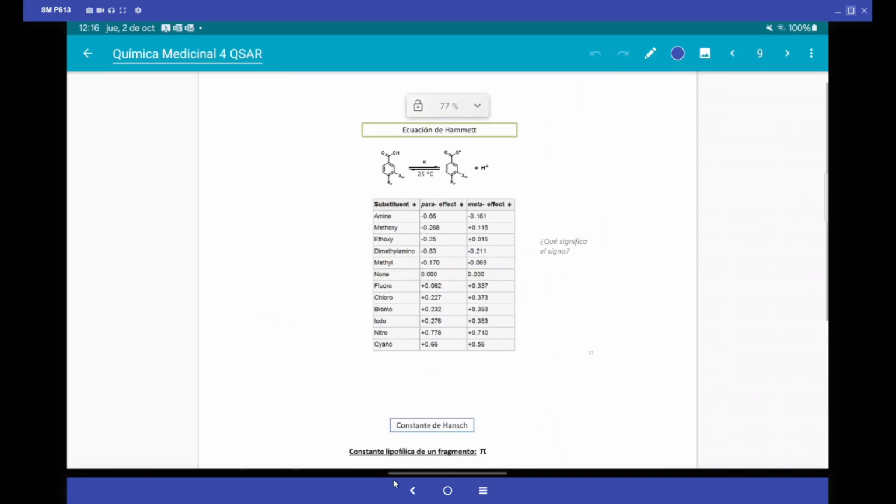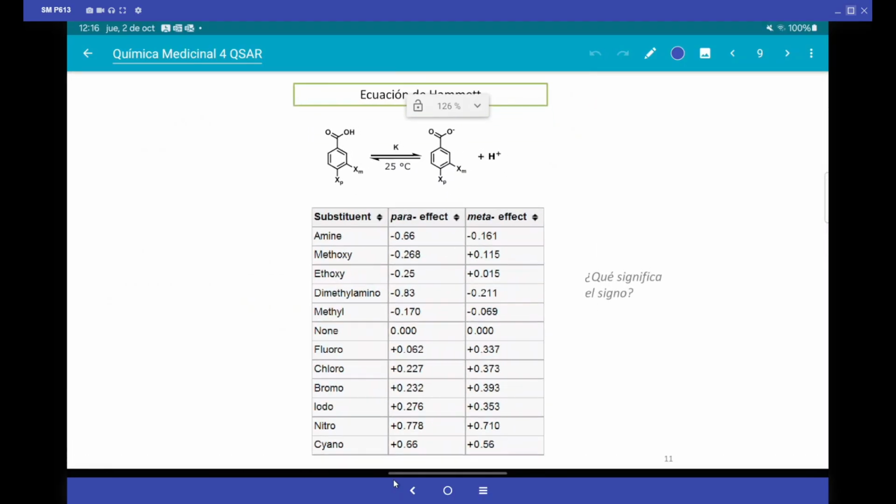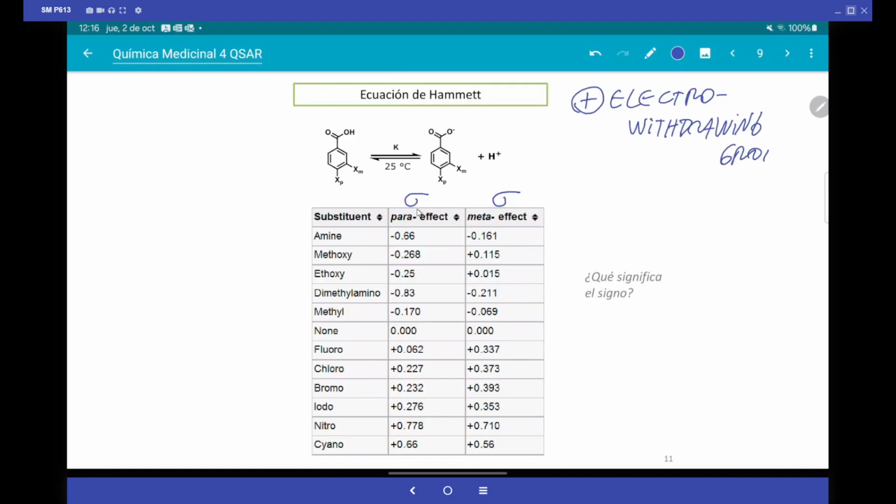Well, here are several tabulated values of the Hammett equation. Here we have the value of sigma in position para and sigma in position meta for different substituents. We already know what the sign means: if the value is positive, it is an electron attractor, and if the value is negative, it is an electron donor.